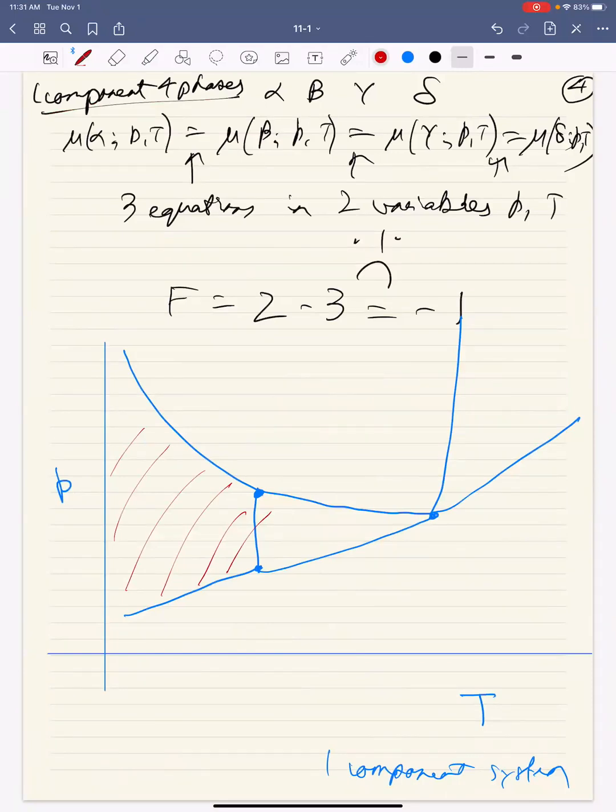Let's say this is phase alpha. So we have F is equal to 2 and P is equal to 1. Similarly, this region over here is going to be some other phase. Let's call it phase epsilon. Let's call this one phase beta.